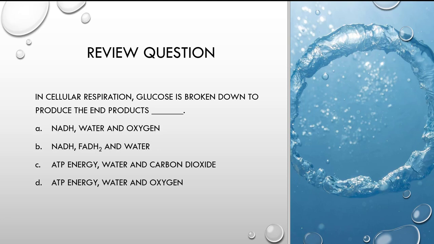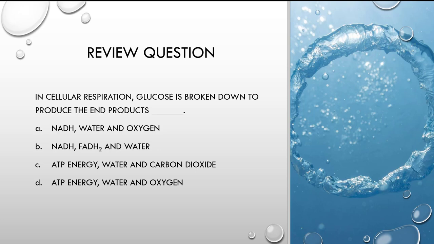Okay, again, I like that video just because it gives you a good visual of all 3 steps of cellular respiration, as well as the inputs at the beginning and the outputs at the end. So here's our review question to end this process. In cellular respiration, glucose is broken down to produce the end products: A, NADH, water, and oxygen.